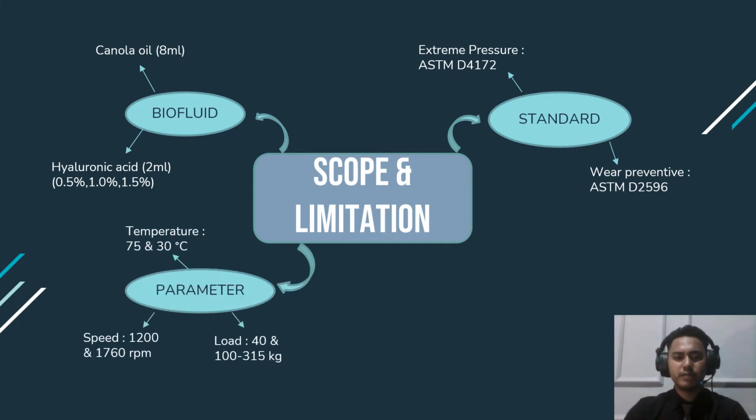Next are the parameters used in this project: temperature, which is 75 and 30 degrees C, speeds 1200 and 1760 RPM, and load 40 and 100 to 315 kilograms. These parameters are different for the two conditions of extreme pressure and wear preventive.